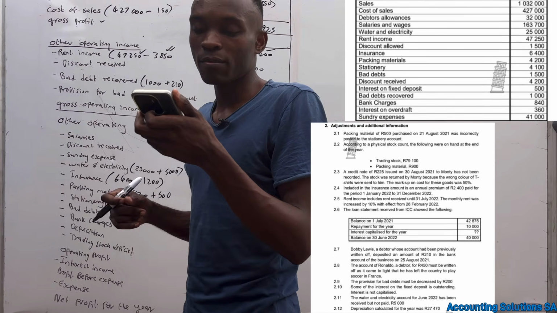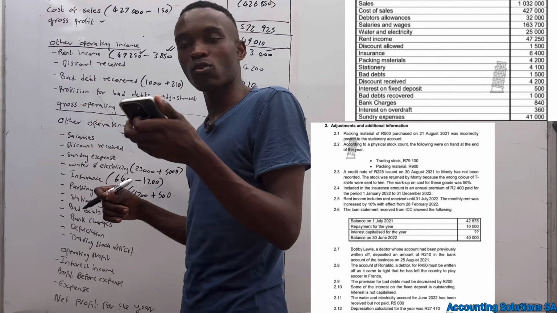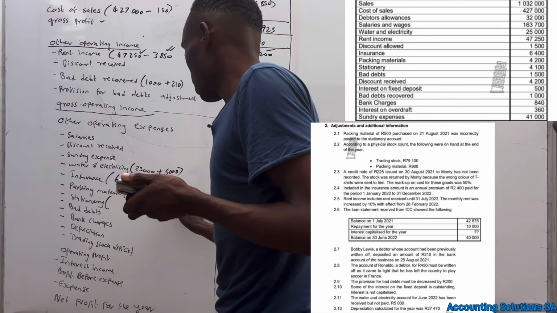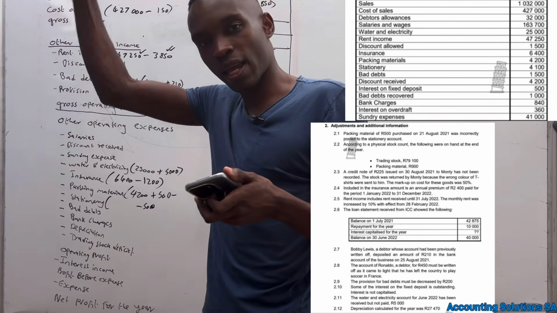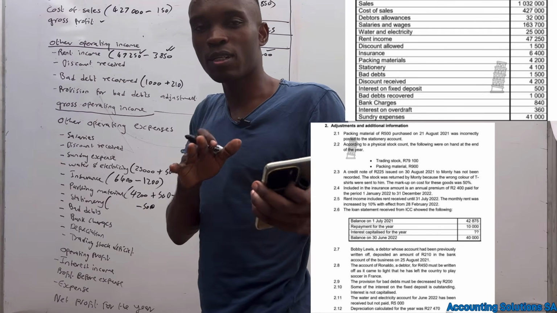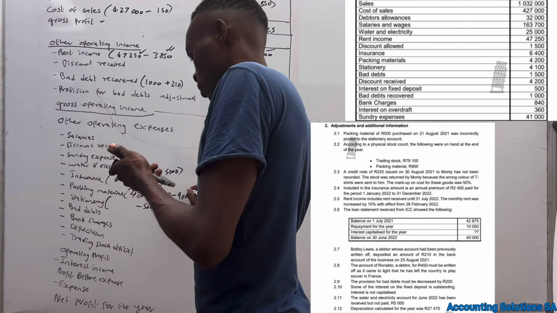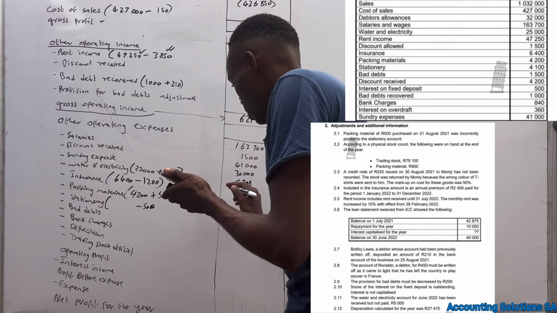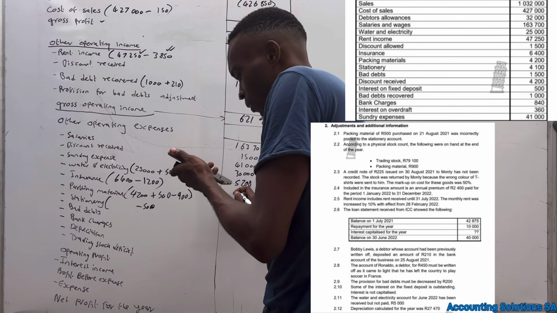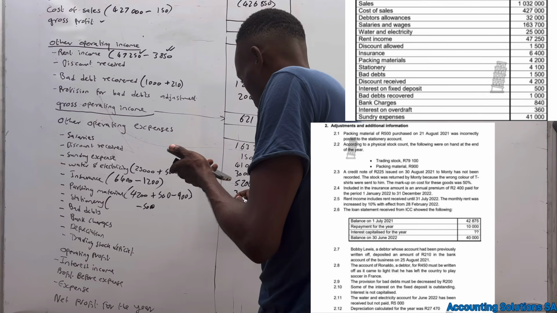We have packing material on hand of 900 under 2.2, which we have to subtract. Every item on hand, which is at the end, we subtract. At the beginning, we add. Okay, 900. Then it's going to give us 3,800.